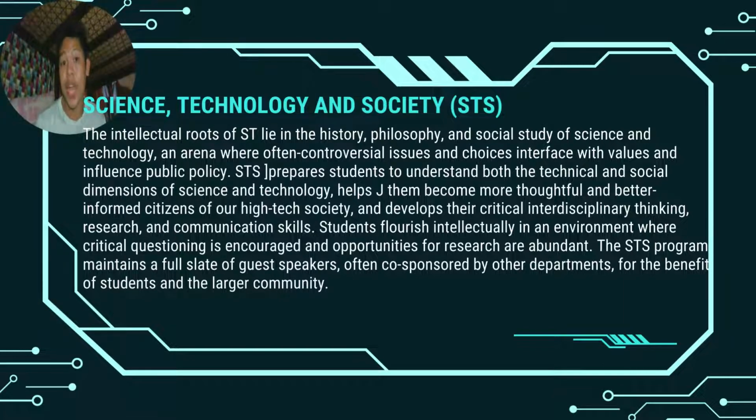STS prepares students to understand both the technical and social dimensions of science and technology, helps them become more thoughtful and better informed citizens of our high-tech society, and develops their critical interdisciplinary thinking, research, and communication skills.